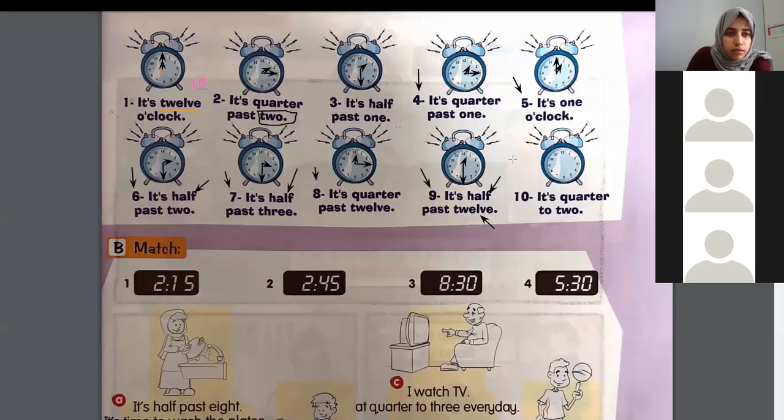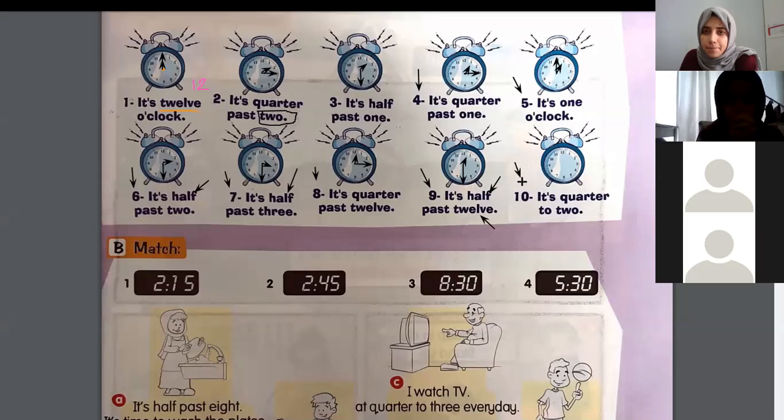Athman, number 10. It's quarter to 2. Should I put the long hand at 3 or 6 or 9 or 12? 12. If it's 12, they're going to say it's 2 o'clock. But I have quarter to. 9 is quarter to. 6 is half past. 3 is quarter past.